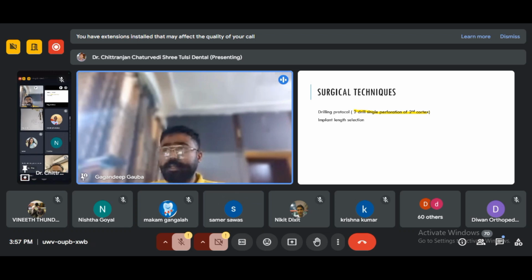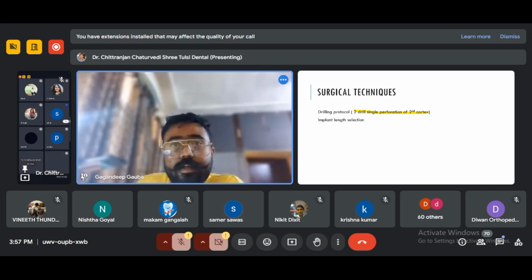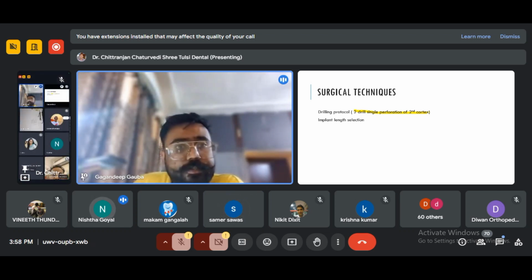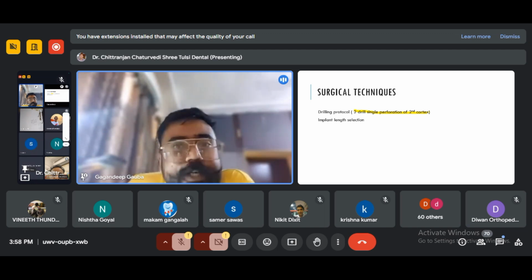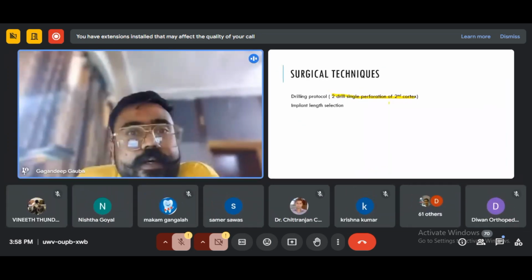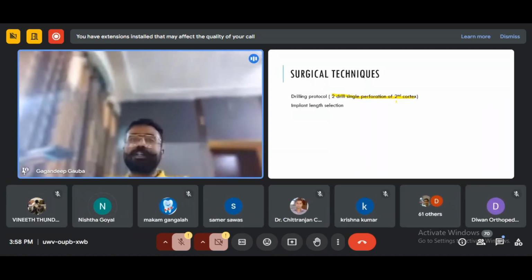I think my slide is not visible. It is visible. Dr. Chitranjan Chaturvedi's slide is visible, he is sharing the screen. Can you please click on stop sharing? There is an icon on the lower left corner. Right. Thank you so much, Dr. Chitranjan.